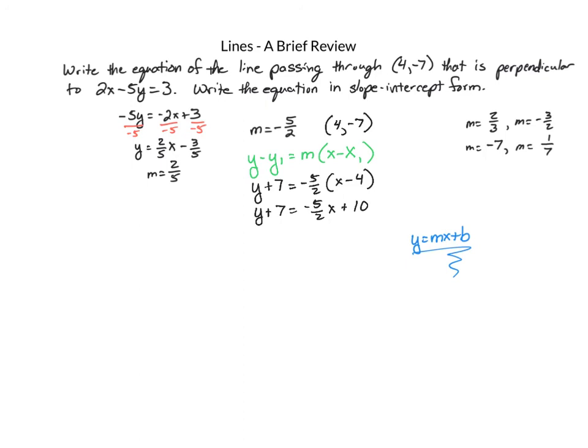And when we subtract 7, we get y equals -5/2 x plus 3. And now we have the equation that is perpendicular to the given equation. Notice these two slopes, +2/5 and -5/2. And the line goes through 4, -7.